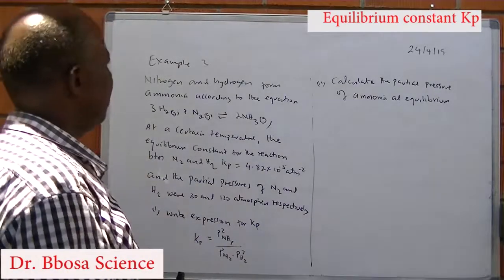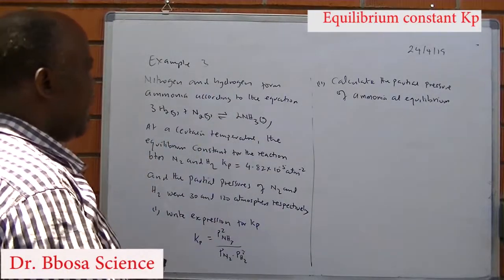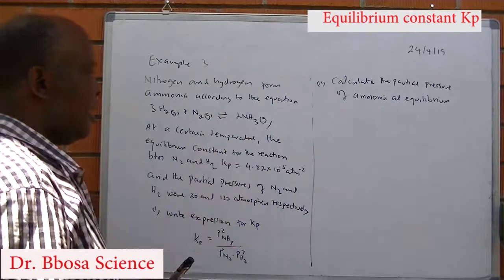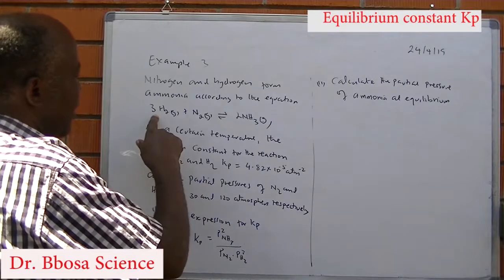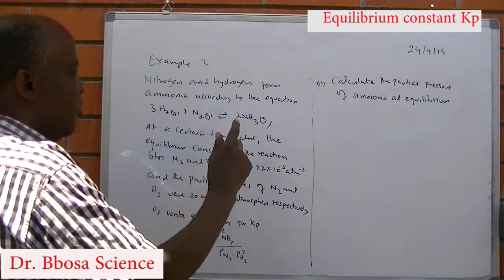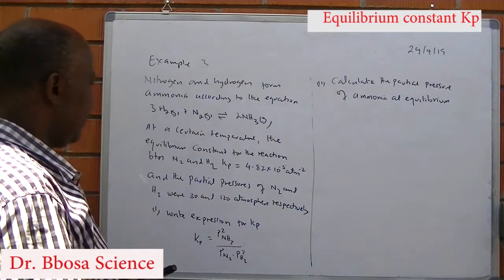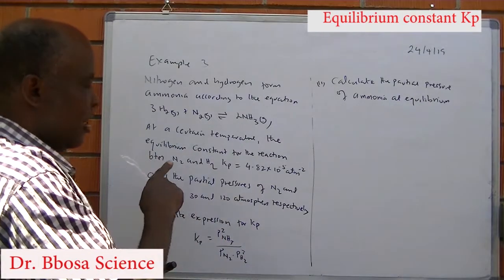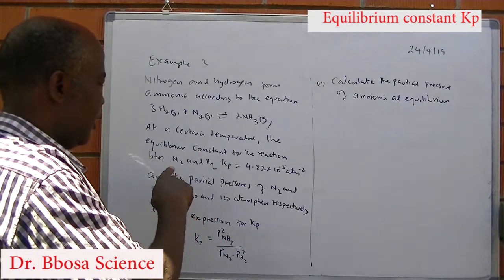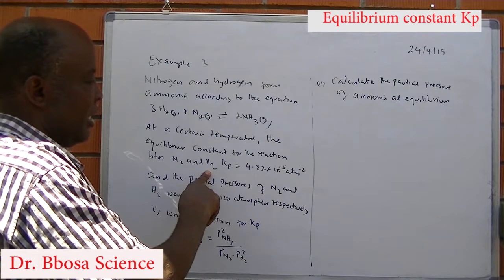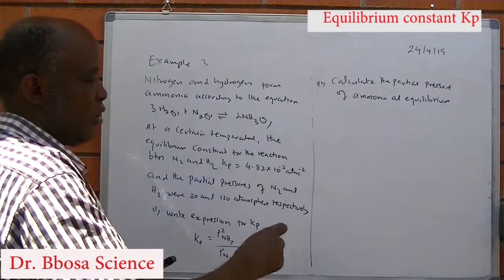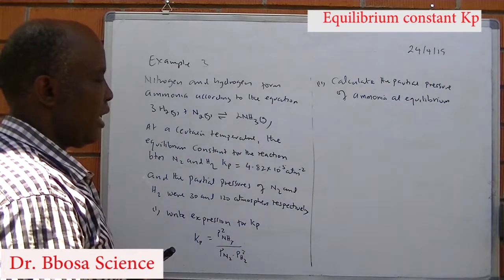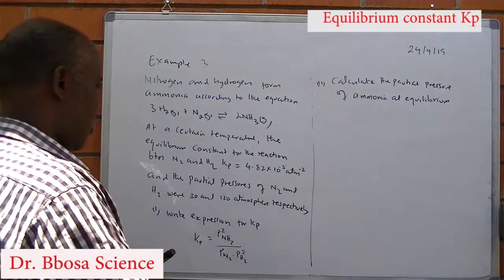Example 3. Nitrogen and hydrogen form ammonia according to the equation. Hydrogen plus nitrogen gives ammonia gas. At a certain temperature, the equilibrium constant for the reaction between the nitrogen and the hydrogen, Kp, was 4.82 times 10 to the power negative 5 per atmosphere squared.